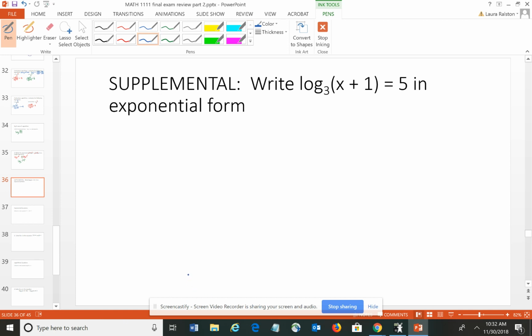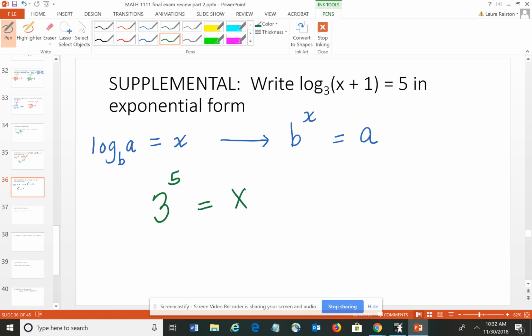If you'll remember, if you have log base b of your argument equal to x, that's rewritten as the base to the x power equals the argument. So for this problem, we would actually have 3 to the 5th equals x plus 1. That's the logarithm written in exponential form.